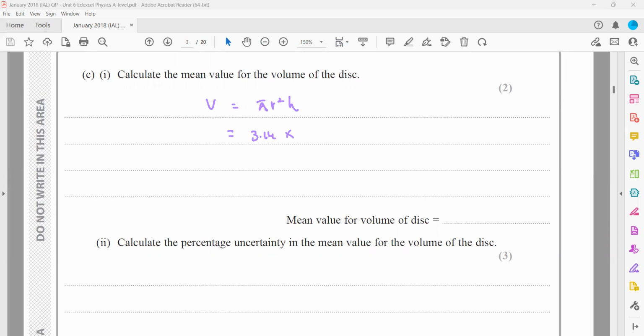So when we calculated the thickness, the mean or the average was 1.55. The diameter is given in the first part.